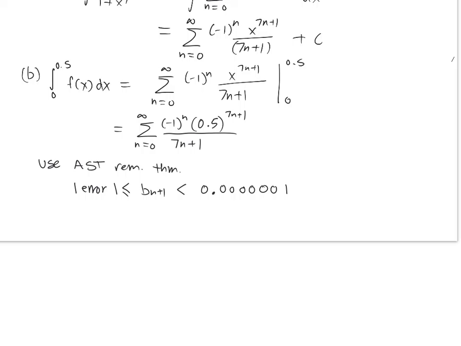Okay, you have to be a teensy bit careful how you input n plus 1. By which I probably mean, when you're being careful, you're putting stuff inside of parentheses. So b sub n plus 1, the b sub n is the positive part of the alternating series, right? So you have 0.5 to the 7 parenthesis n plus 1, plus 1, over 7 parenthesis n plus 1, plus 1, less than 0.0000001.